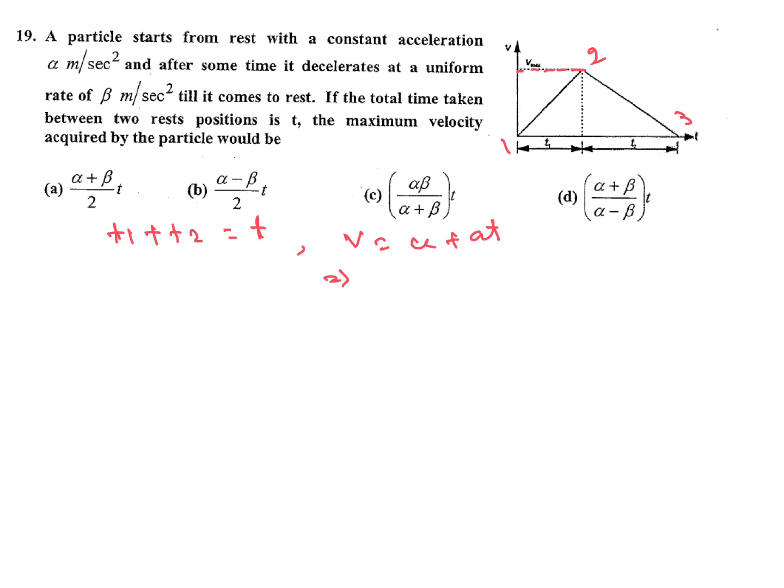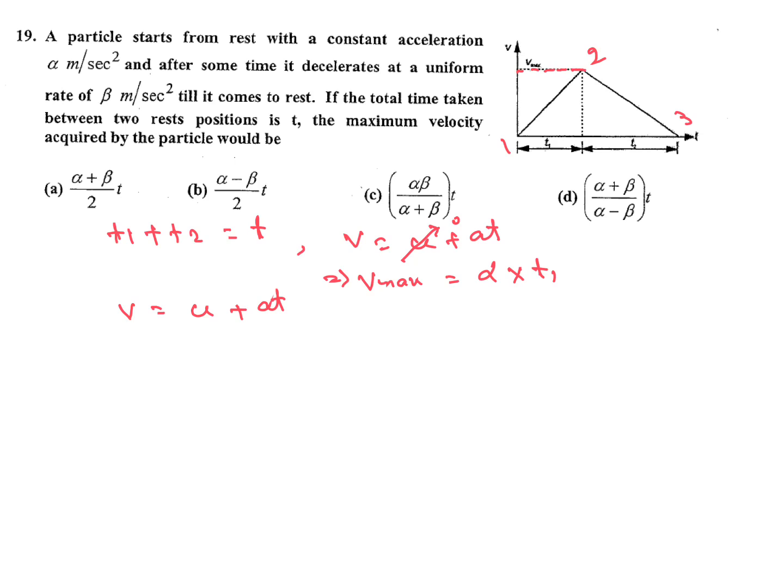So for 1 to 2, it starts from rest, so the initial velocity at 1 is 0, U is 0, V is V max, equal to acceleration alpha, time is t1 seconds. For 2 to 3, V equal to U plus at. a will be negative here because it decelerates.